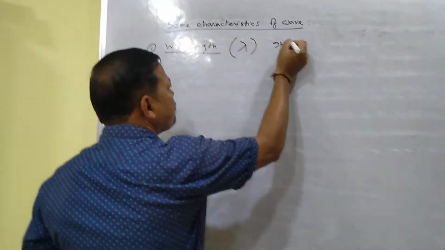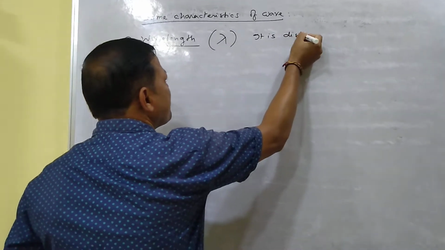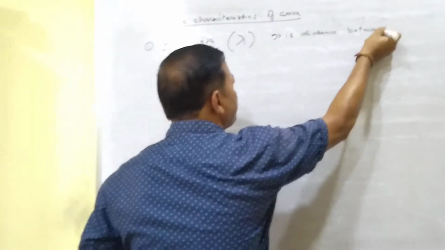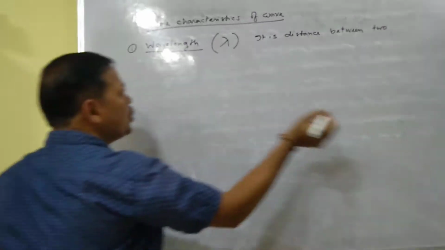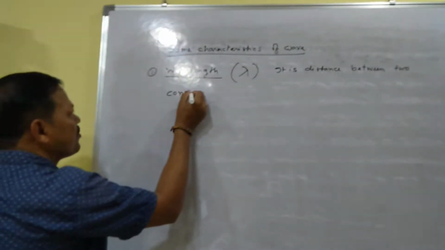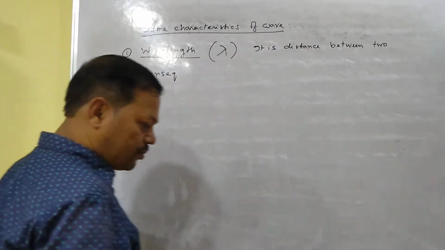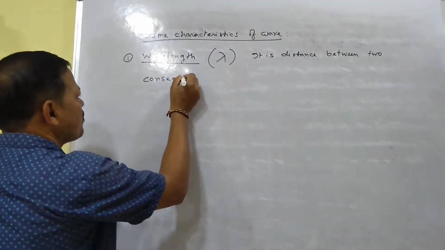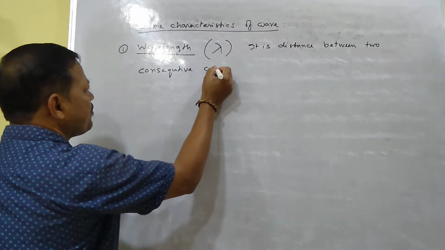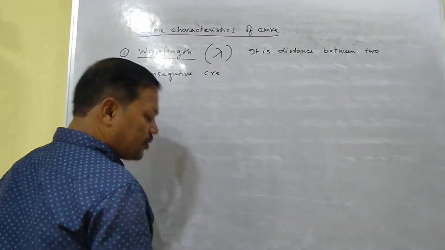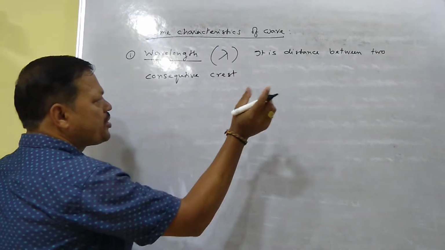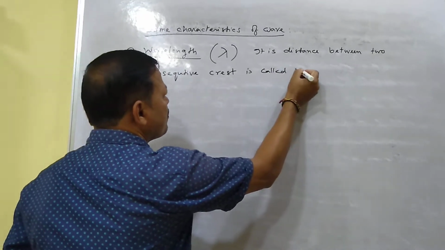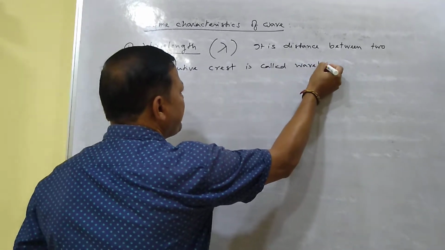It is the distance between two consecutive crests or two consecutive troughs, and that is called wavelength.